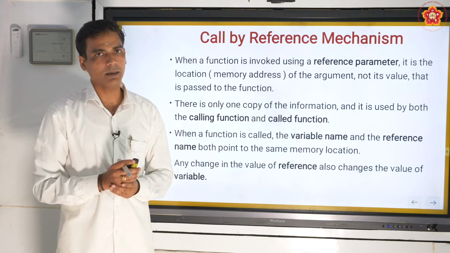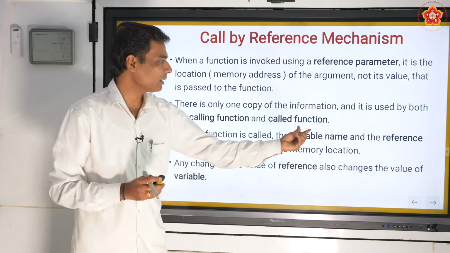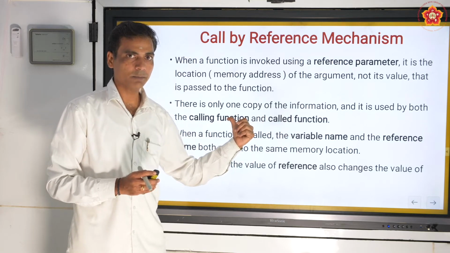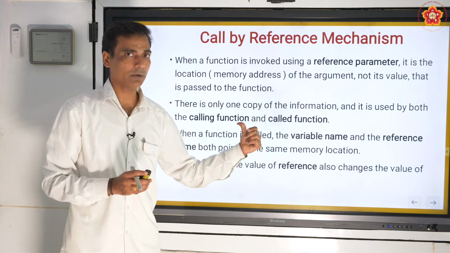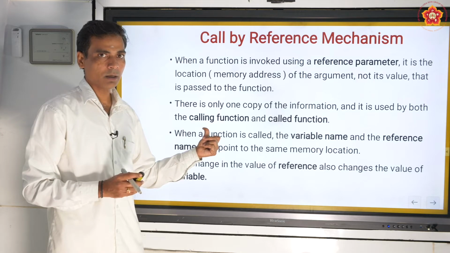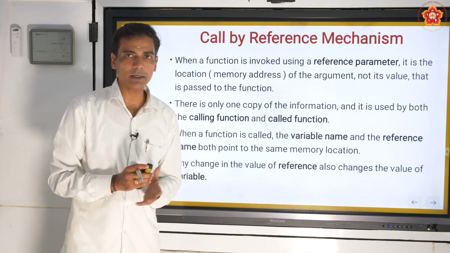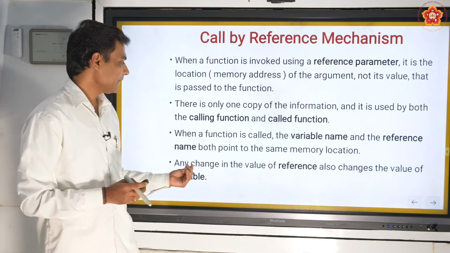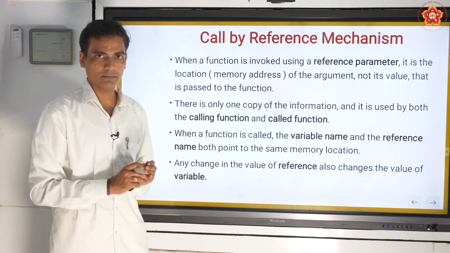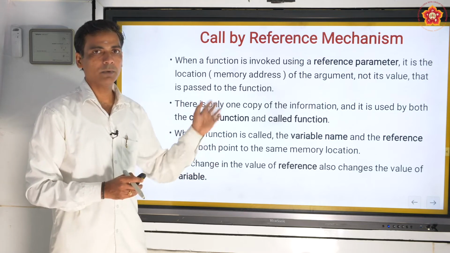So when a function is called, the variable name, as per our previous example total was the actual variable name, and the reference name, sum, both point to the same memory location, and any change in the value of the reference also changes the value of the variable, as we have seen. Now let's implement this procedure with the help of a program.